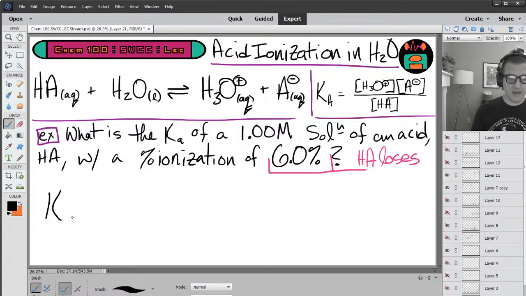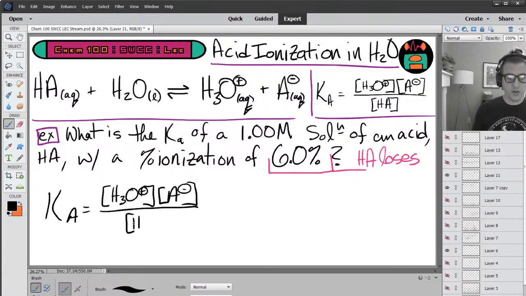Right, Ka is the concentration of hydronium times the concentration of A minus, the conjugate base, over the remaining concentration of our acid.